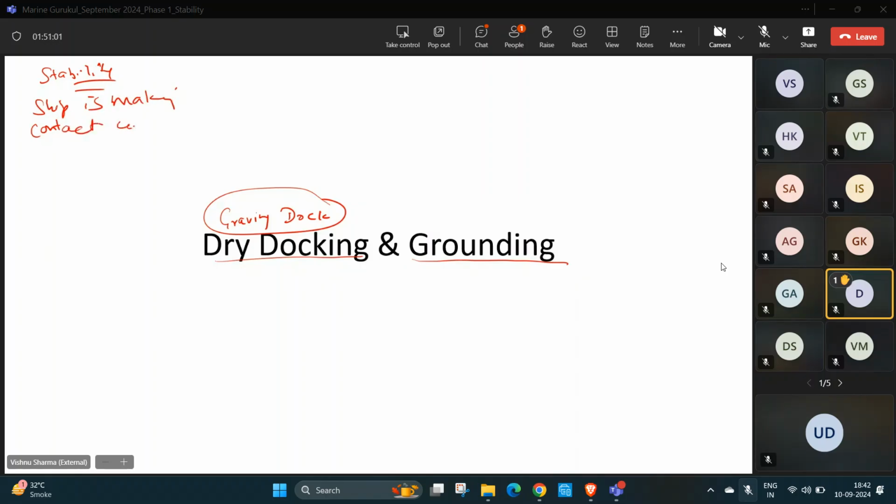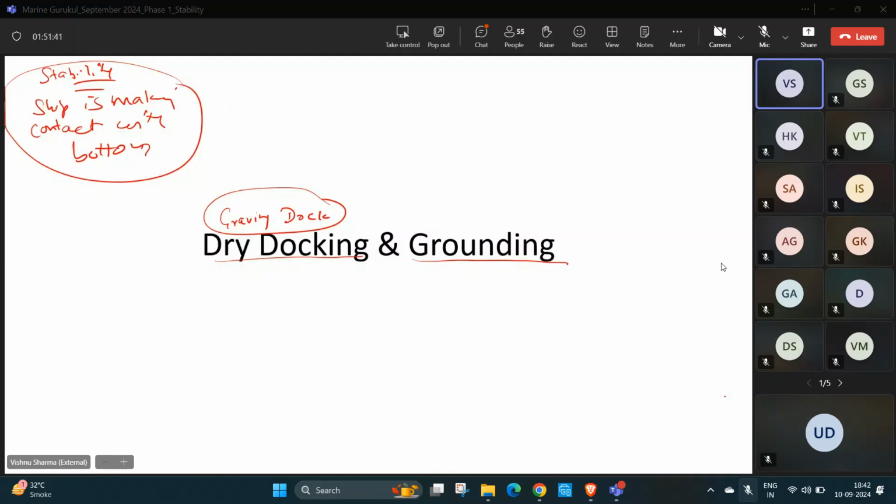Do you agree that whether it is dry docking or grounding, the ship is making contact with the bottom? Yes or no? Yes, sir. Therefore, the effect on stability of grounding will be similar to that of dry docking. So if you have not understood dry docking, you'll have problems in grounding. And if you understood it well and can correlate to the questions we have done, you'll be able to find your way, right?